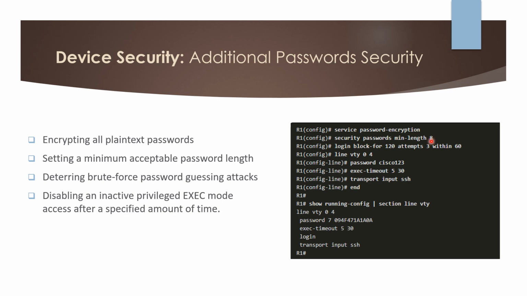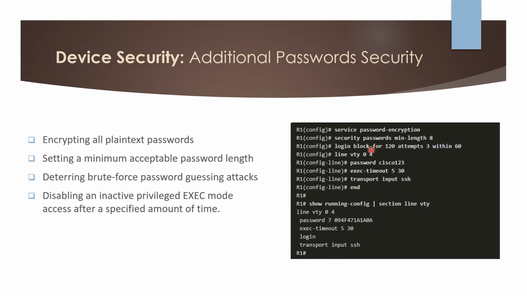Threat actors may use password cracking software to conduct a brute force attack on a network device. With this attack, they continuously attempt to guess the valid password until one of them works. So by using the global configuration command login block-for, we deter this type of attack.